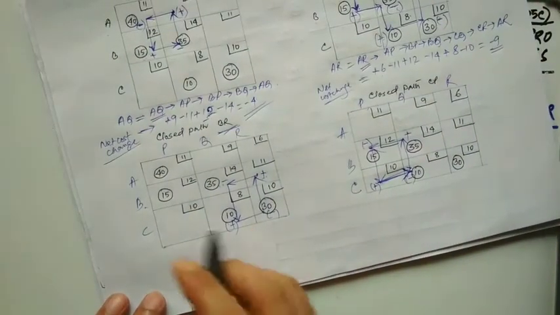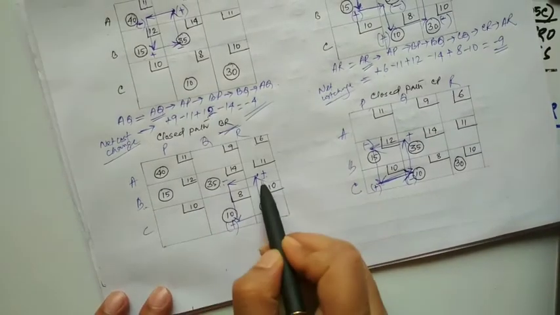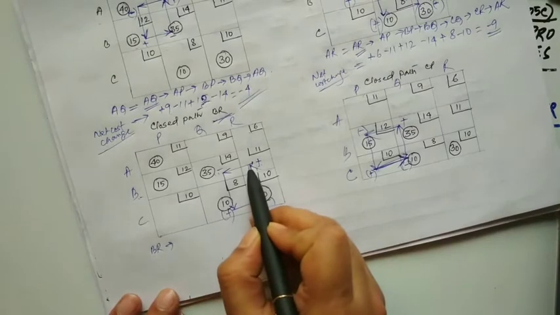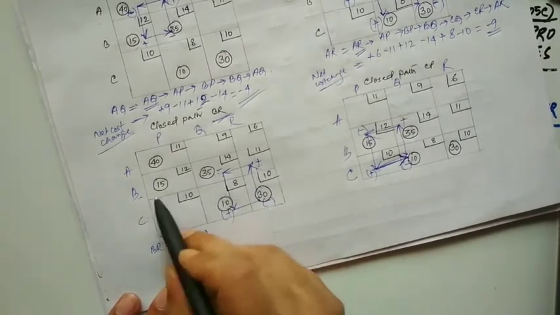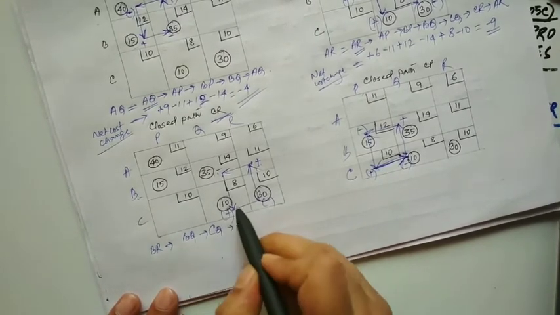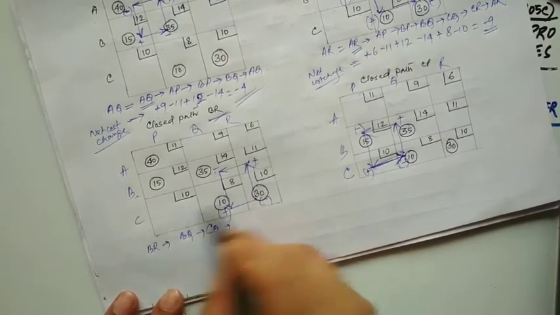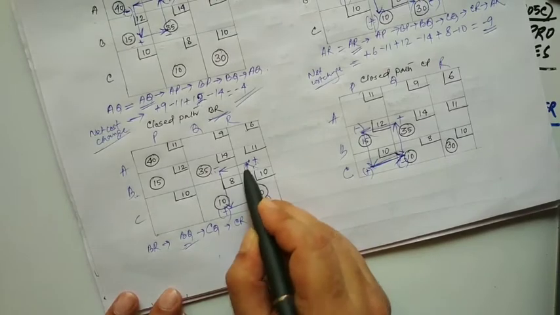Next come to closed path BR. This one. So for this path you can write BR, then BQ. Then CQ. Then CR. Then again you have to come to the starting point BR.